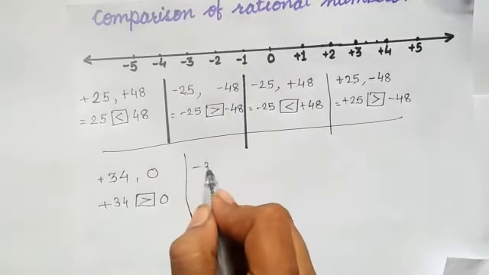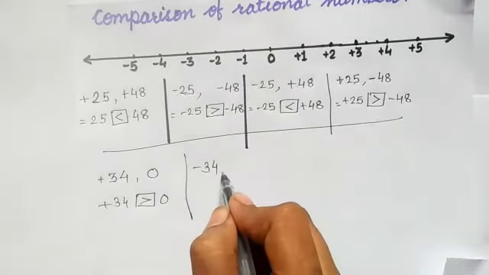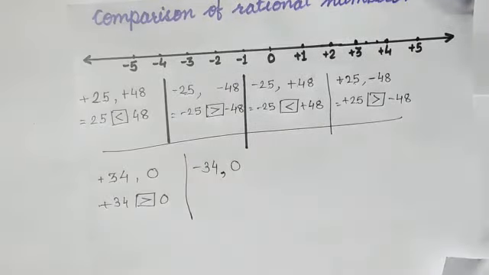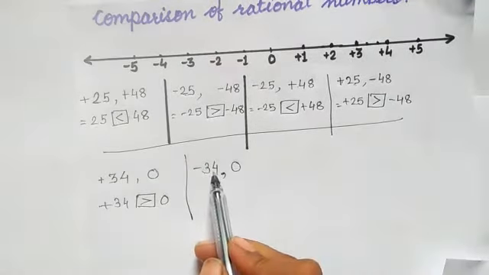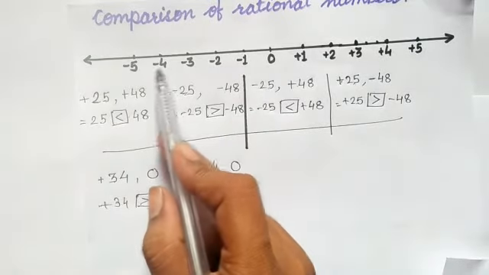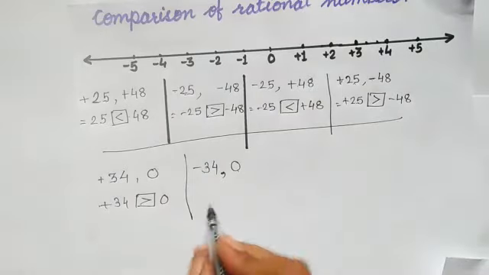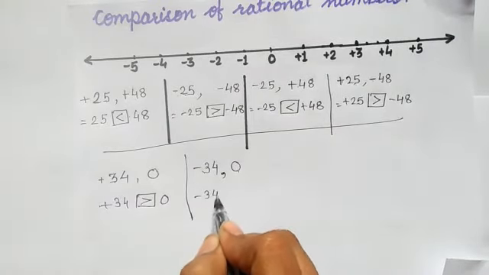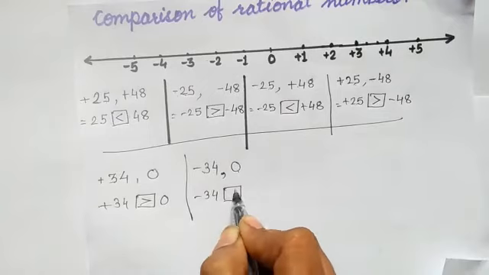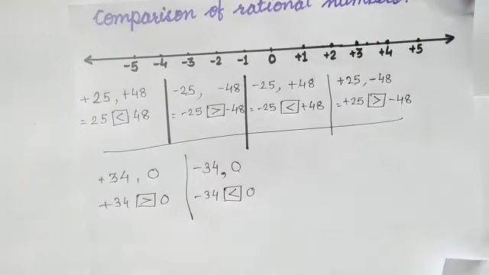If this 34 has a negative symbol and the other number is 0, then negative 34 goes on the left side of the 0, so naturally it will be less than 0. So 0 has greater value, that is, negative 34 is less than 0.